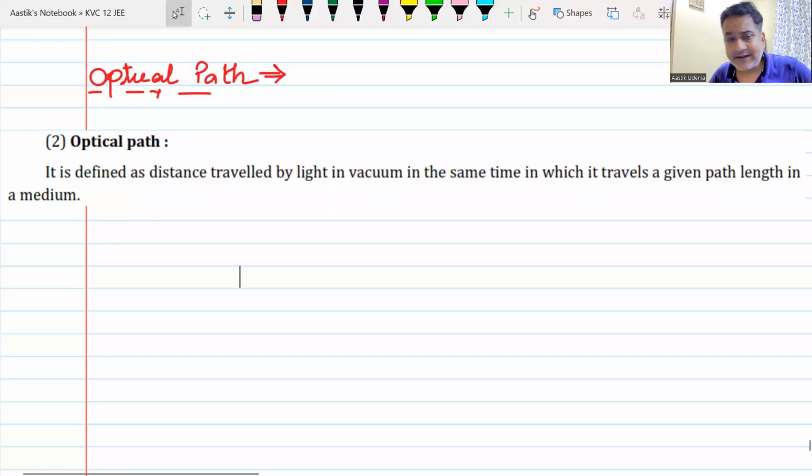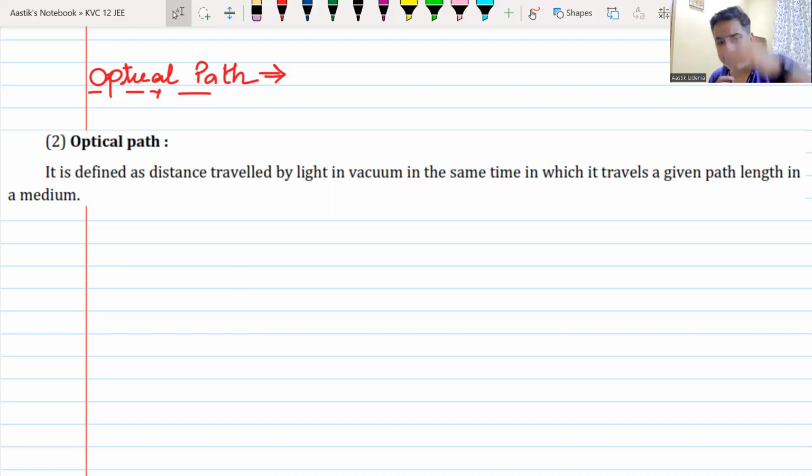Now, whenever light travels in some medium, the speed of the light is different. Yes or no? Do we understand this? Compared to vacuum or air, is the speed more or less? The speed in the medium is less.